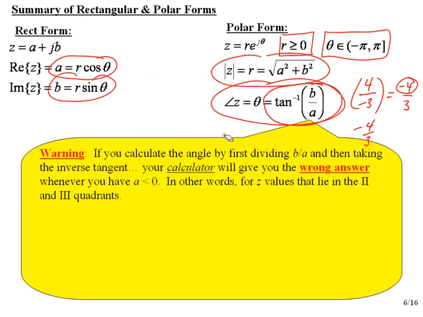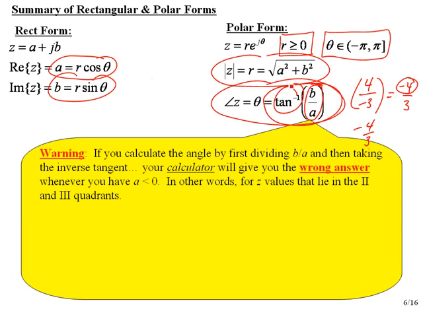Now this is only if you're using your calculator to do this explicitly, by first forming this ratio and then doing inverse tangent. Many calculators, in fact virtually every calculator that any student in this class has, likely has a separate way of doing rectangular to polar conversion, where you tell it explicitly, this is the real part, this is the imaginary part, now please convert into polar form for me.